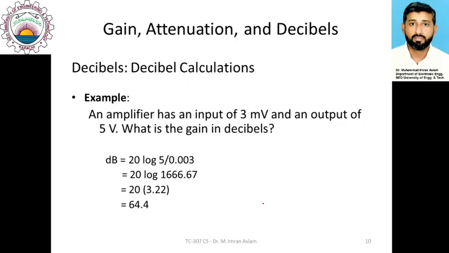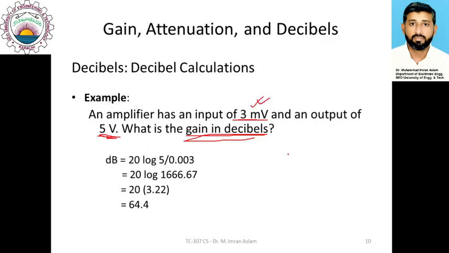So let us take a simple scenario where we have an amplifier that has an input of 3 millivolt and the output is given as 5 volt, and we intend to calculate the gain in dBs. You can see that these quantities are given in volts.